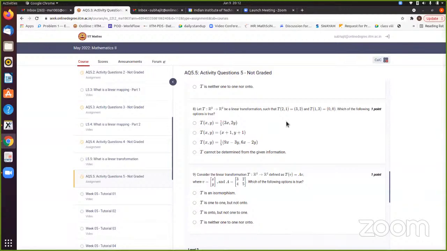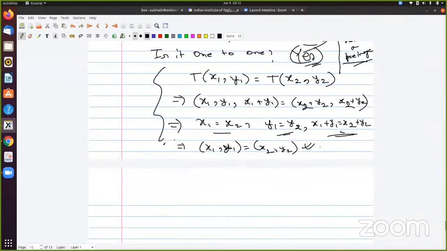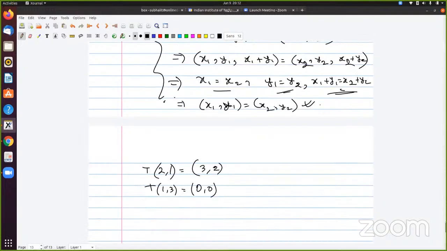Okay, good. Now any element of R2 can be written as a linear combination of these two. So what is given? T(2,1) is (3,2), and T(1,3) is (0,0). So this is T from R2 to R2, right?